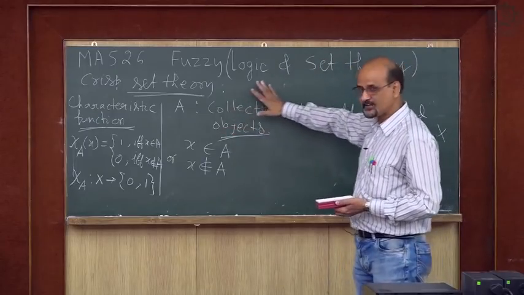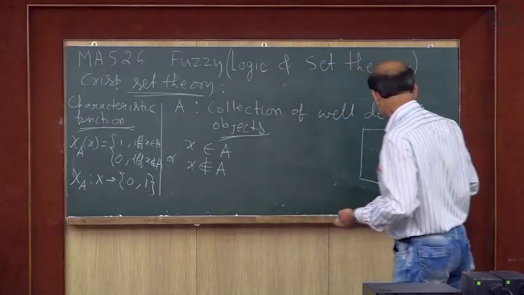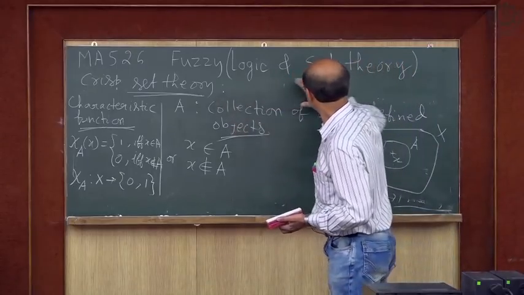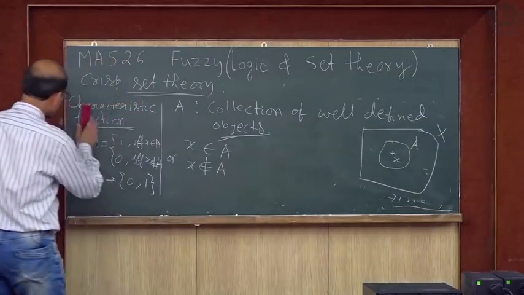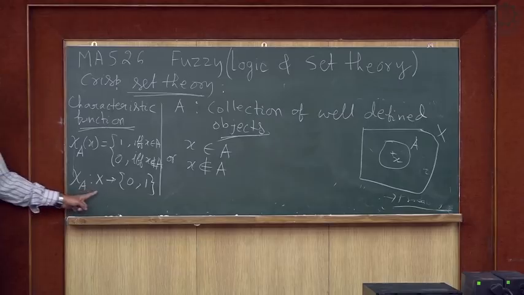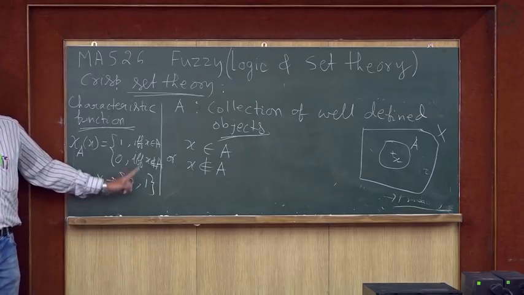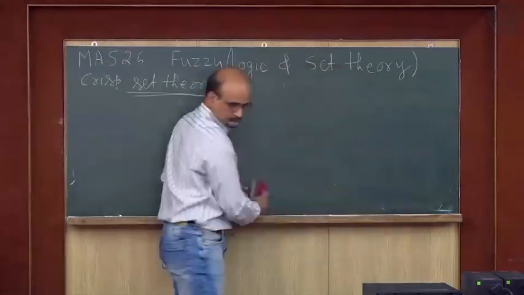So with everything fuzzy, research is going on. Now, a little more about set theory, let us see what you already know. Remember this characteristic function, chi, which is a function from X to {0, 1}.